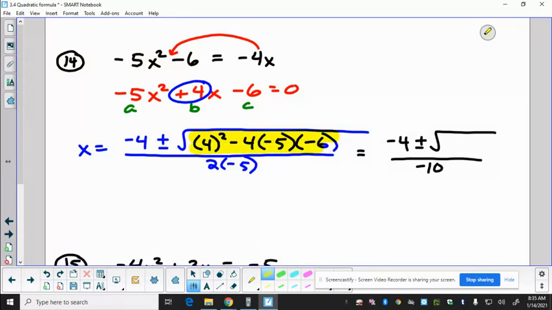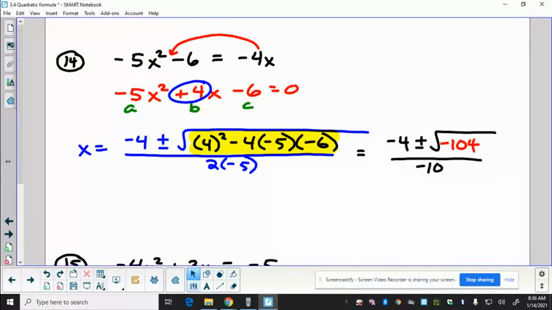That's going to be 16 minus 120. That would be negative 104. Calculate that. Make sure we got that correct. 16 minus 120. Yeah, that'd be negative 104. So we got a little bit of work to do on that negative 104. I know it's an imaginary number.